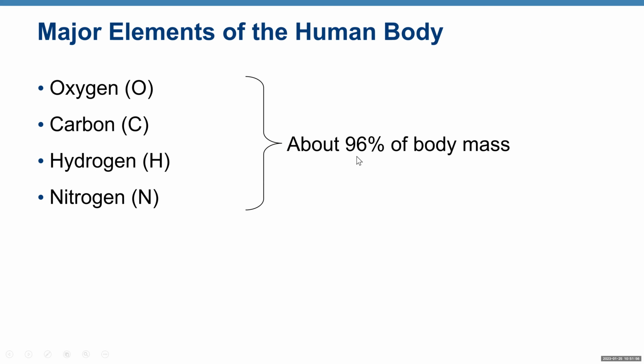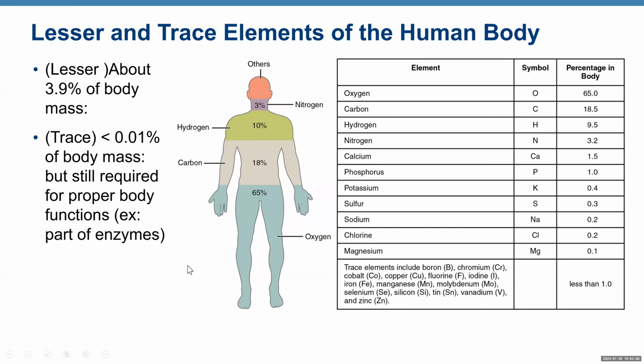So if 96% are your major elements, then we have less than 5% lesser and trace elements. So lesser elements are about 3.9% of body mass and trace elements less than 0.01% of body mass, but still required for proper body function.